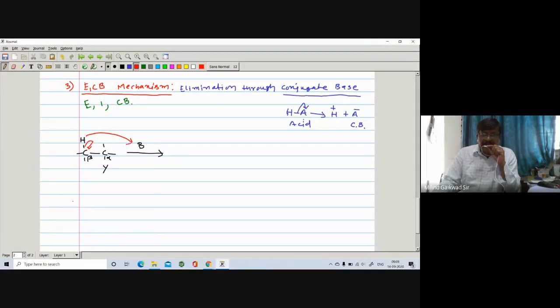So in step one, there is an abstraction of a proton, a breaking of the C beta H bond. This process takes place first.